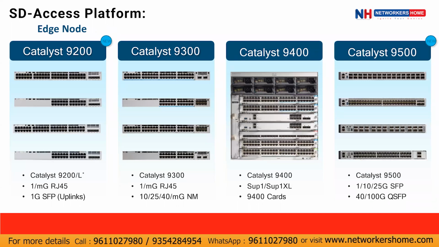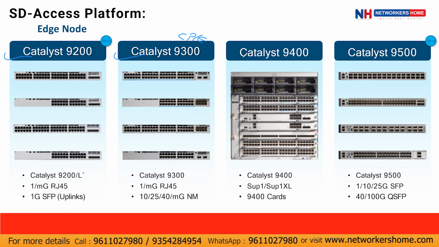Coming on to the edge nodes, where all the endpoints connect: Catalyst 9200, a new addition to the Catalyst family, and 9300. This supports control plane as well as edge. Control plane we already discussed. There will be many devices which support all three functionalities: border, control plane, and edge.